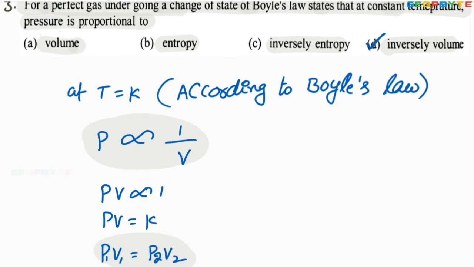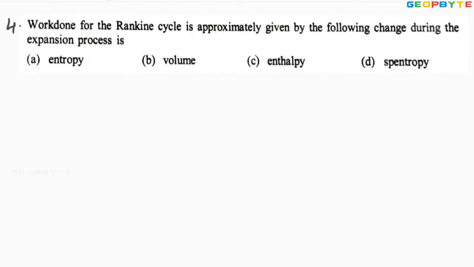Dear friends, remember, according to Boyle's law, for any ideal gas at constant temperature, the pressure is inversely proportional to volume. It means if the pressure increases, volume decreases and vice versa. I hope you got my point. Let us take another problem. Look at the next problem.